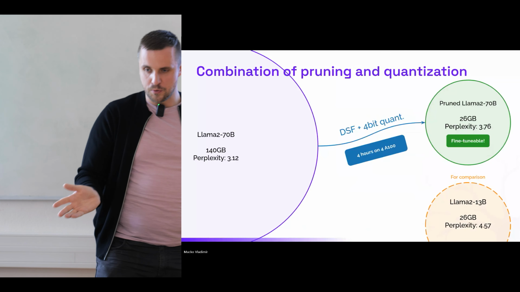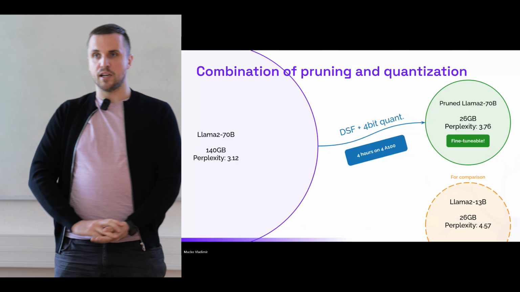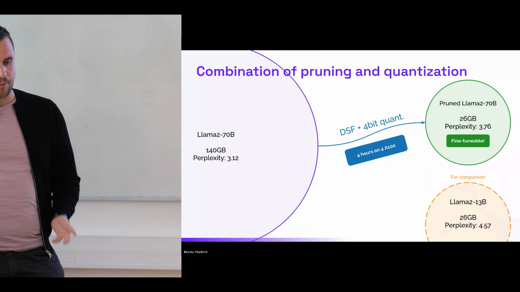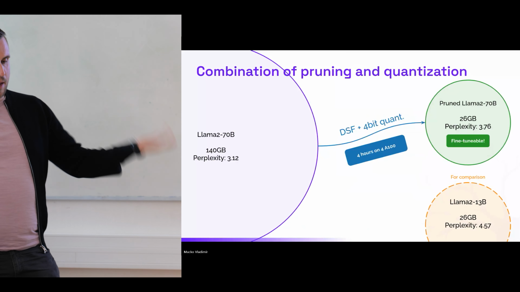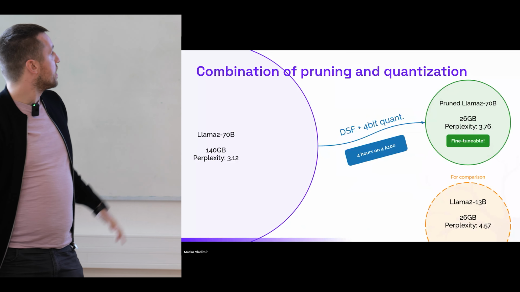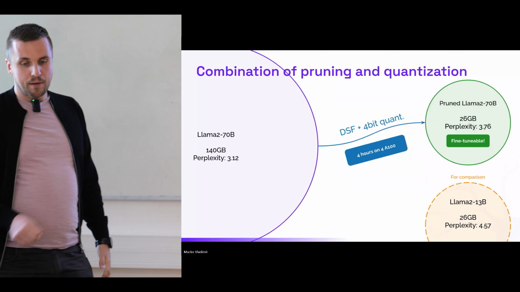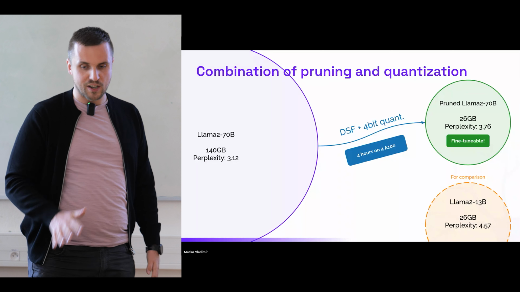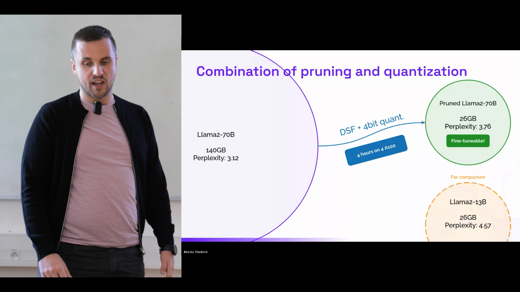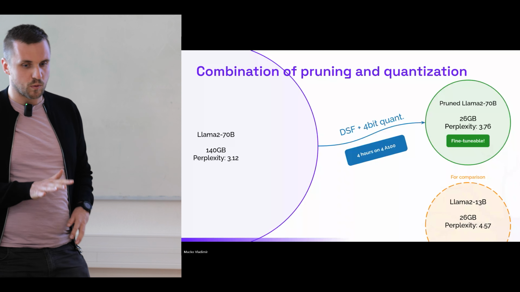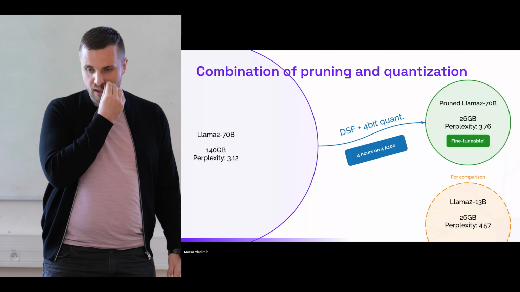However, back to Llama 70b, it turns out that the best results can be achieved by combining pruning and quantization. So we can take Llama 2 70b, that has 140 gigabytes and perplexity 3.12, apply double sparse factorization and 4-bit quantization, which takes around 4 hours on 4 A100 GPUs, which, if you are interested, costs like $20 if you want to run them.